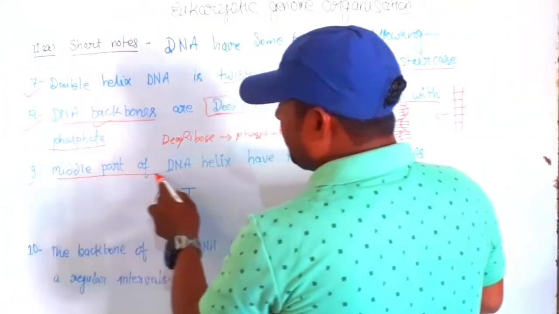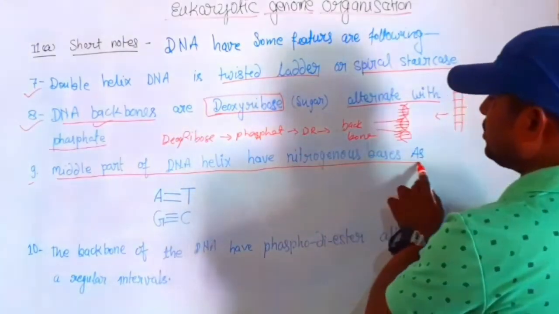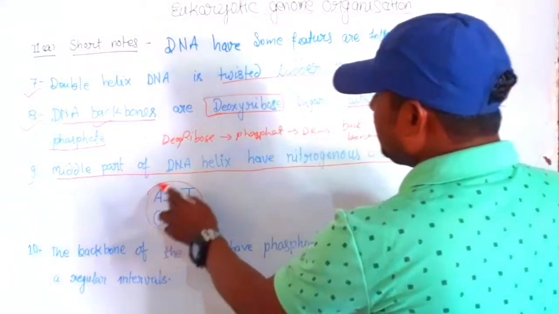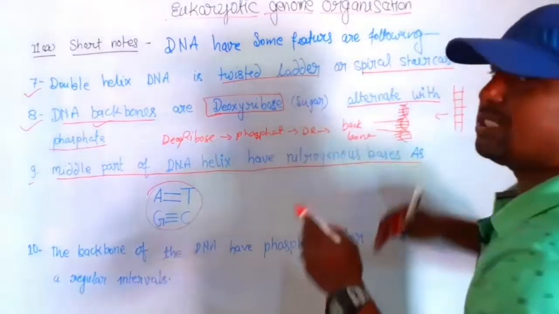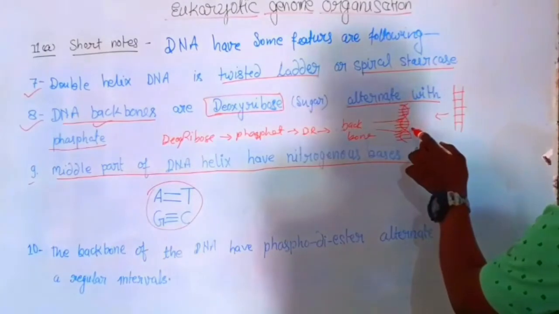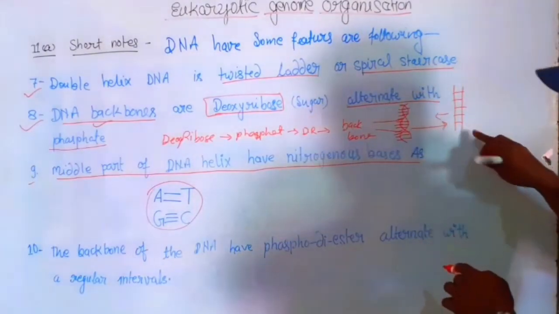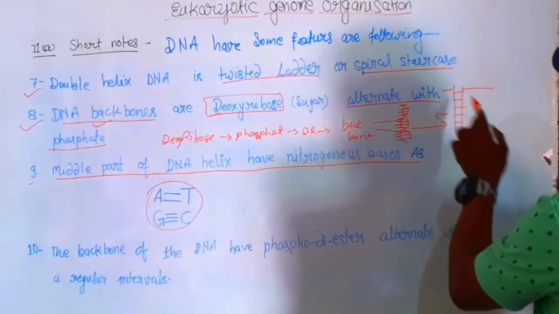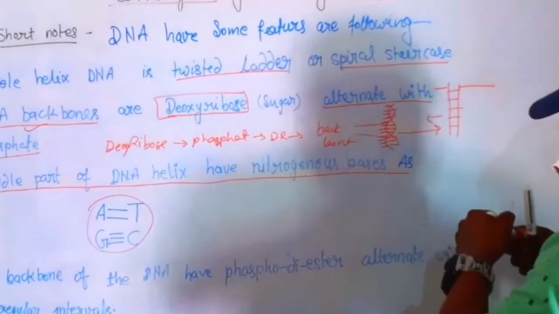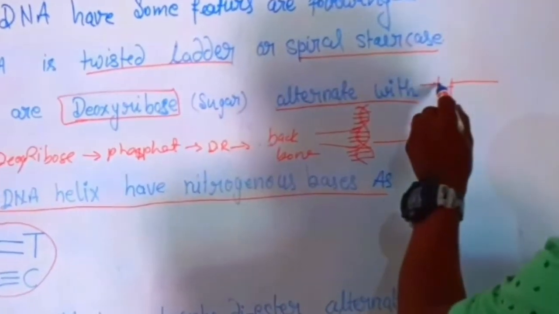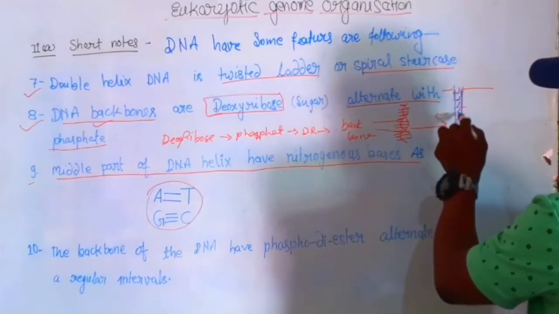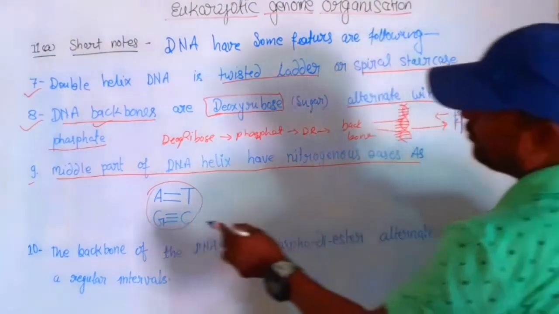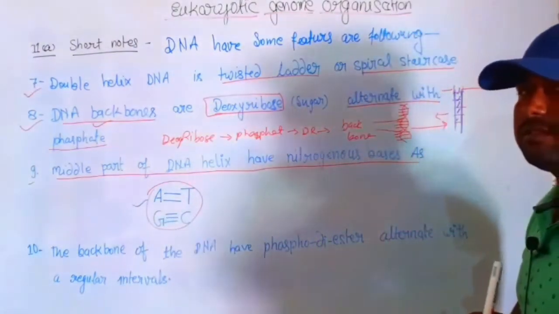9th, the middle part of the DNA helix has nitrogenous bases. Middle part means if the twisting is removed, you get the ladder. This is the side structure, and this is the middle part, made up of 4 nitrogenous bases.